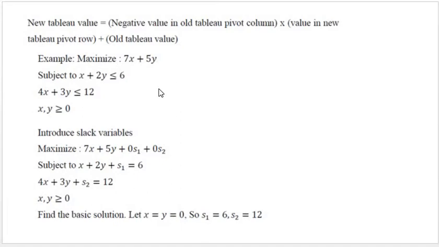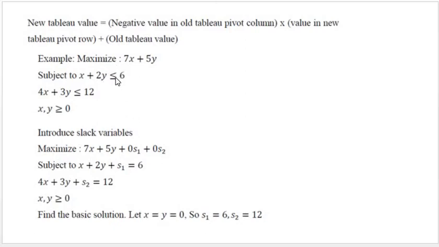So consider an example: maximize 7x plus 5y subject to x plus 2y less than or equal to 6, 4x plus 3y less than or equal to 12, x, y greater than or equal to 0. Use the simplex algorithm to get an optimal solution of this LPP.